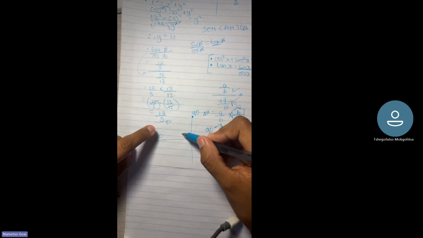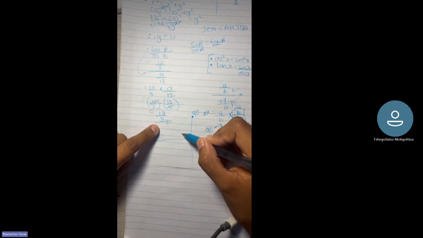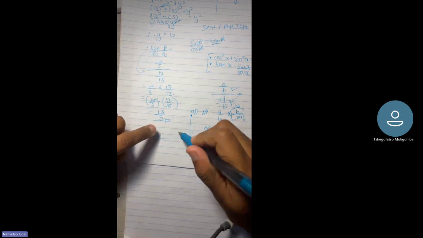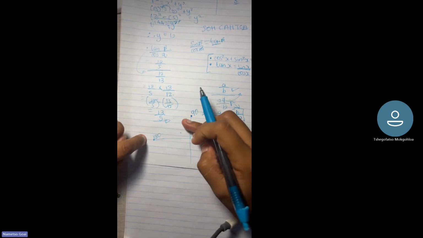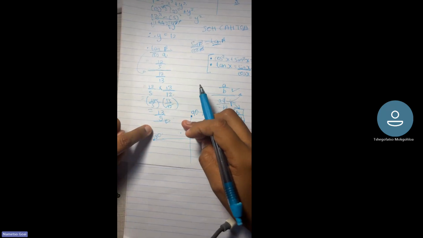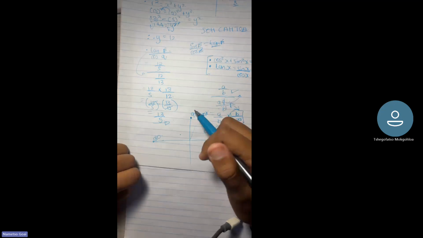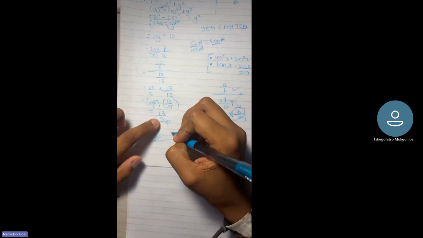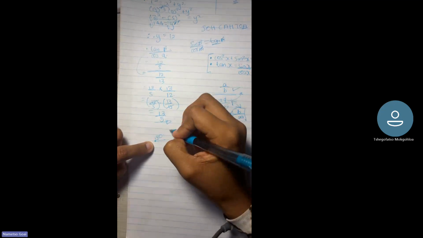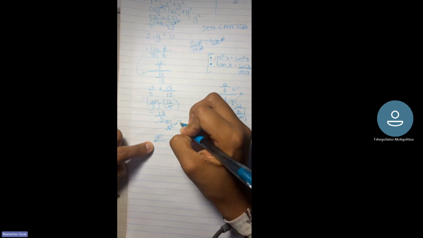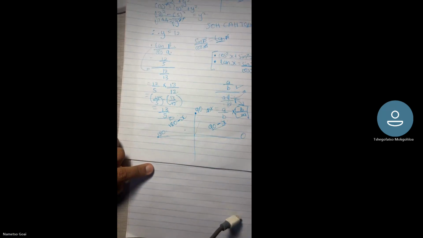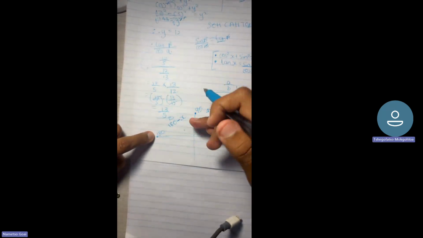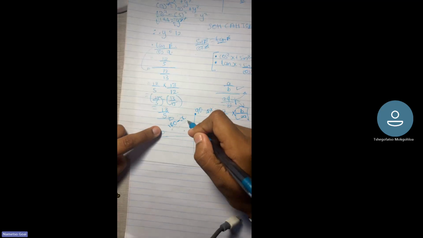Your 170, you're going to get it here. Your 120s, you're going to get them here. They're greater than 90 but less than 180. So which means over here, when we write this, it's going to be 180 minus x. You understand this?